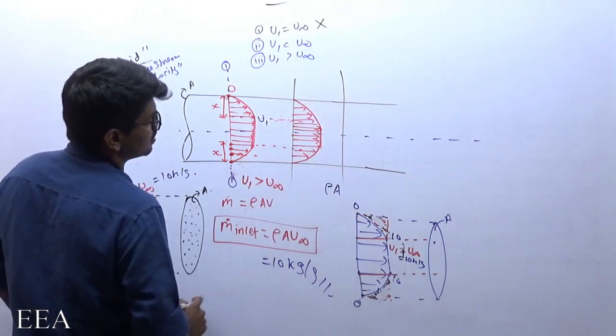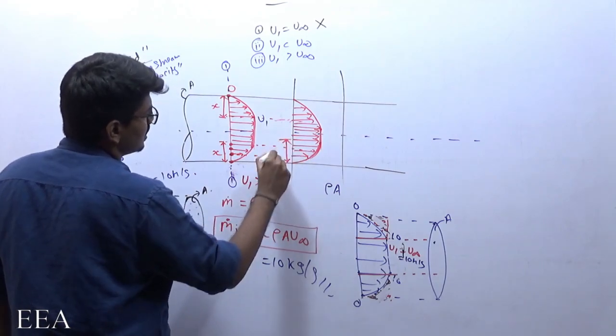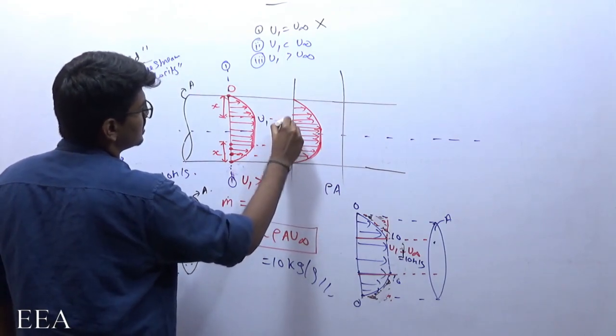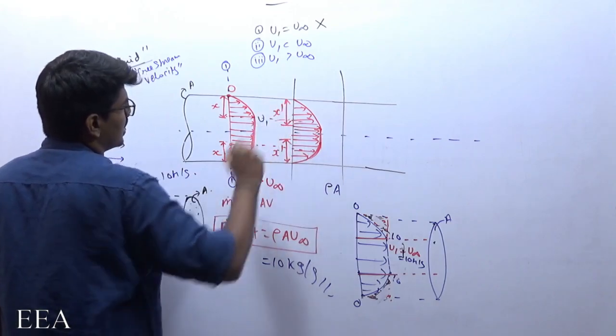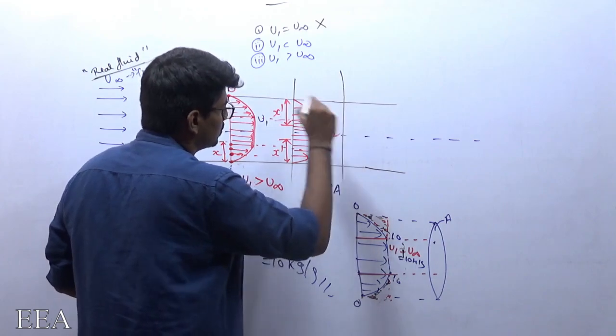The upper side and lower side should be exactly symmetric. Okay, so this distance, let me take it as x dash, and this distance also x dash, and let me take this as u2.